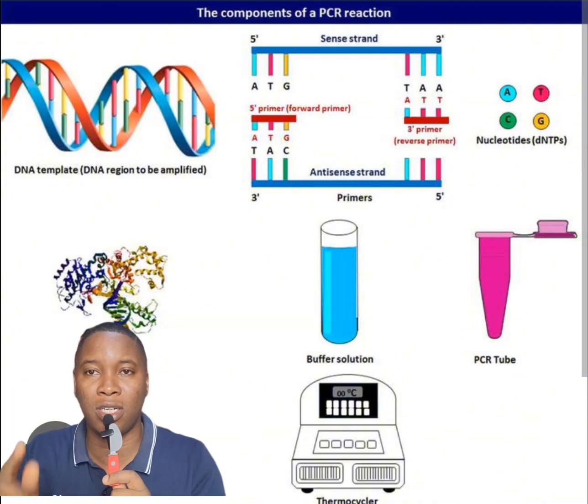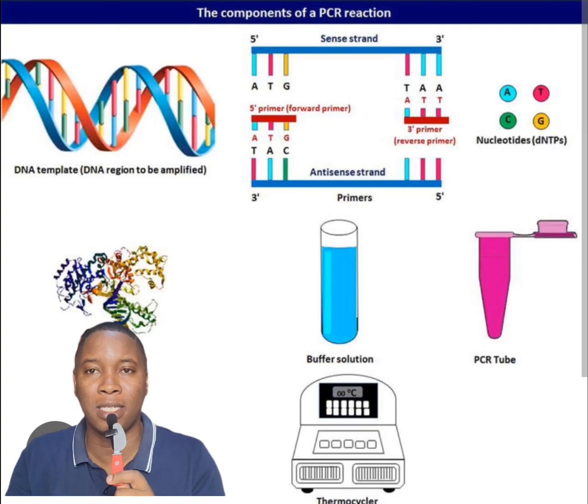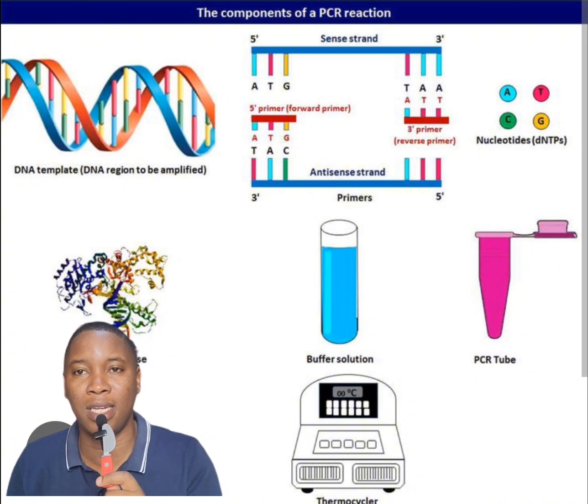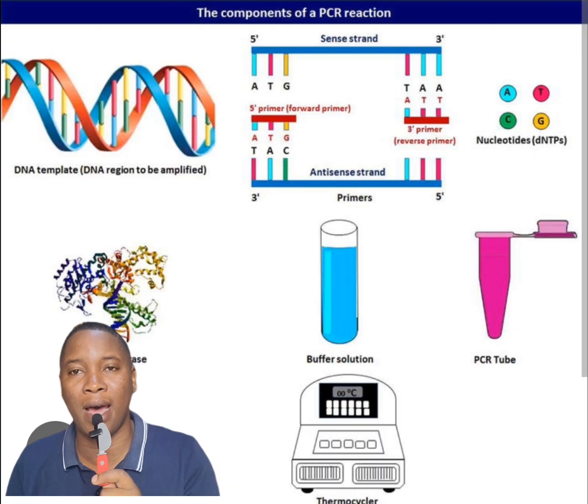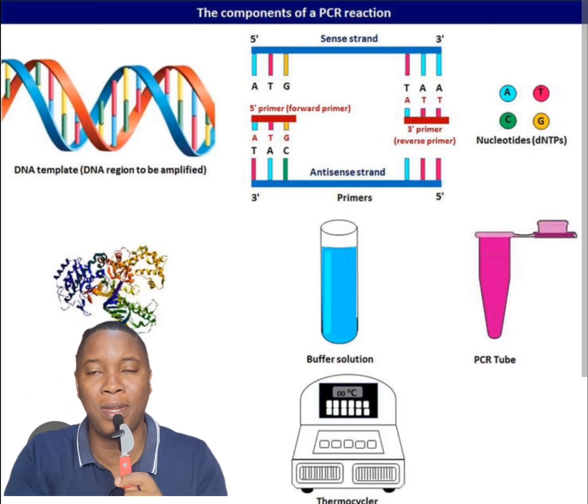So your double-stranded structure has been divided into single strands. Then one of those strands you use as your template or your target DNA, and then you add your primers, which attach to sites along this single-stranded DNA. Then in the process of extension, more nucleotides are added, and you now begin to make new copies of the template DNA.